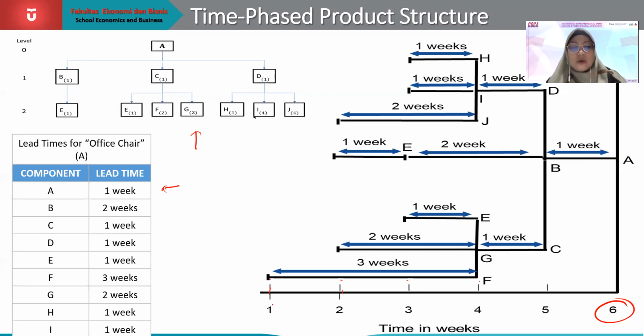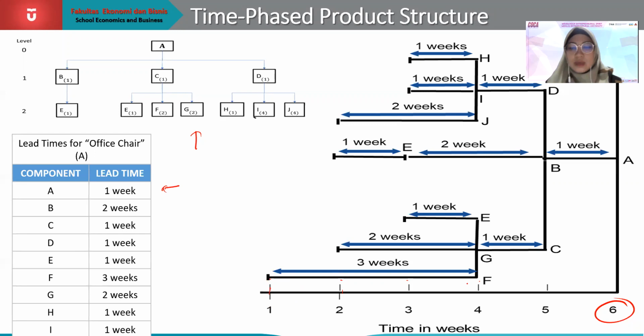If we say week 1, it means that week 1 consists of 7 days. But if you put 0, it means there is no time, no time to start it. So it's not good to put 0. So you just start with 1, and then you draw a line like this.